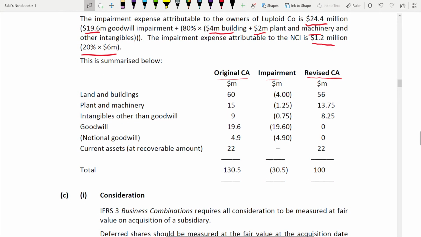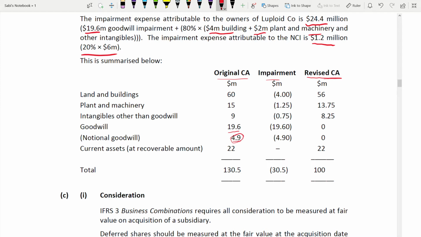So here also, if you take it the same as fair value, the original everything is the same. What is extra is that goodwill will change to 19.6, and the notional goodwill. Notional goodwill we have calculated, and goodwill is already given to you.